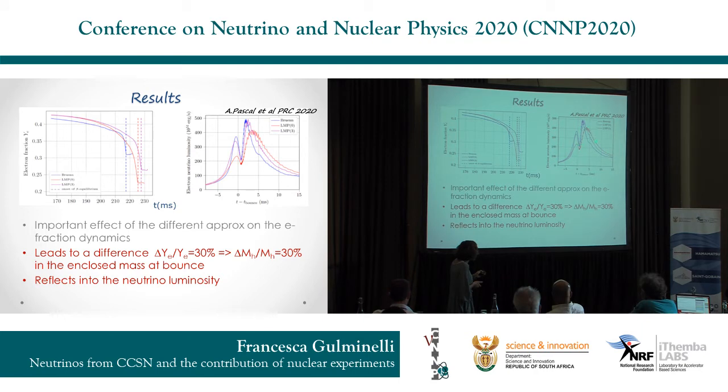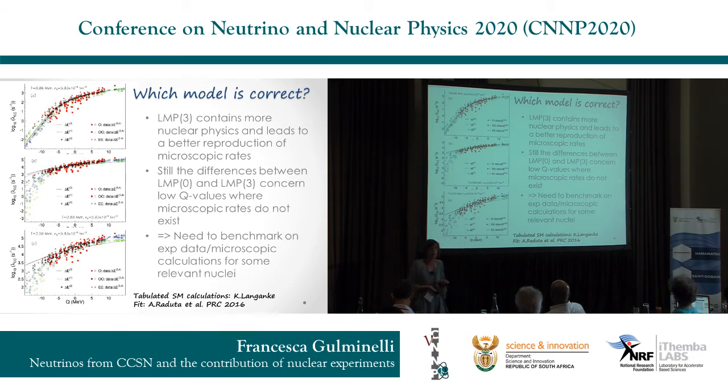And these differences in the luminosity and also in the energy spectra can be directly understood. I'm not going to explain in detail, but they really come from the difference in this deleptonization, which is associated to a difference in the enclosed mass at bounce. Okay, so this is three different models, three different results. So one can ask, what is the good model? Is there a model which is good? And the answer is, well, actually, no.